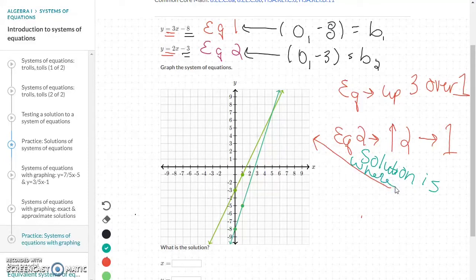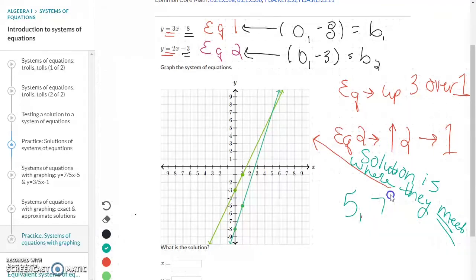So I noticed that the solution, of course, is where the 2 lines meet or where they intersect. And I'm just going to go over here and look for that point of intersection.